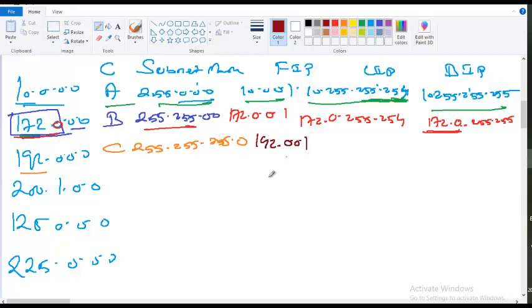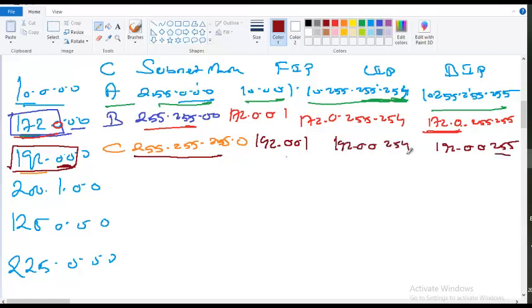Listen carefully. This is class C, 3 octets are network, so these cannot be 255. The broadcast will be 192.0.0.255. The last IP will be 192.0.0.254, one less than this. So you got the first one, the last one, and the broadcast. Any question?